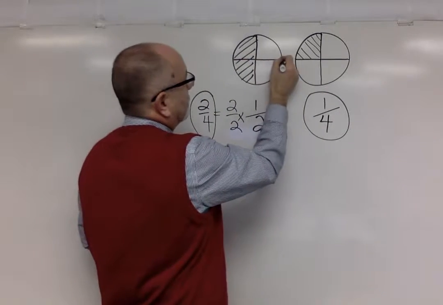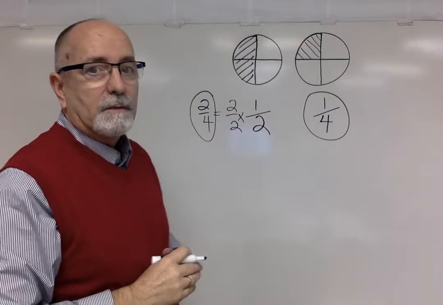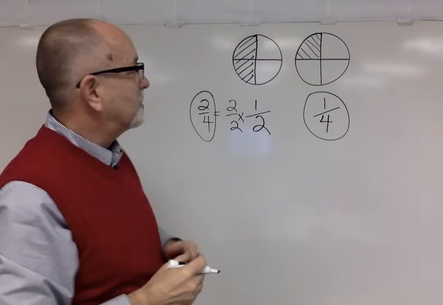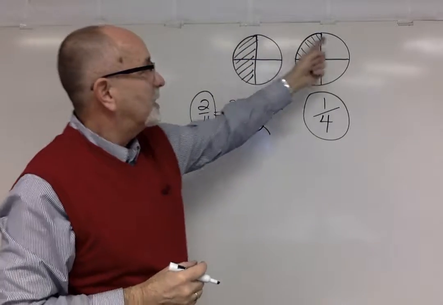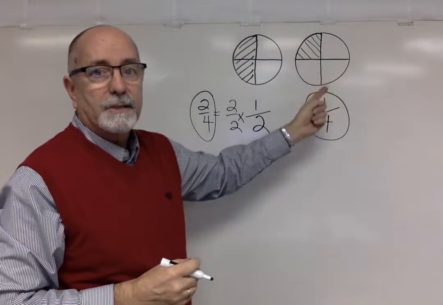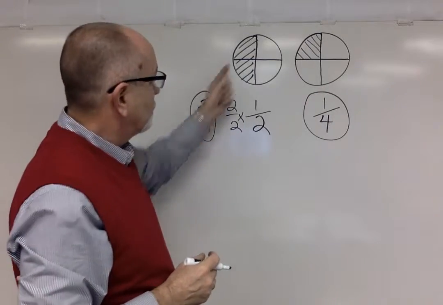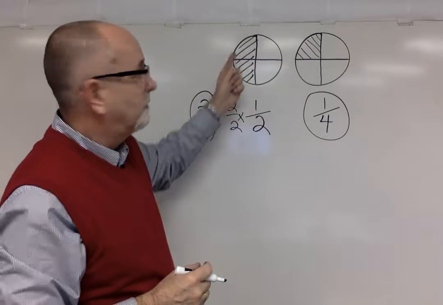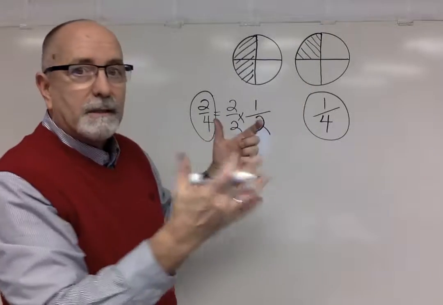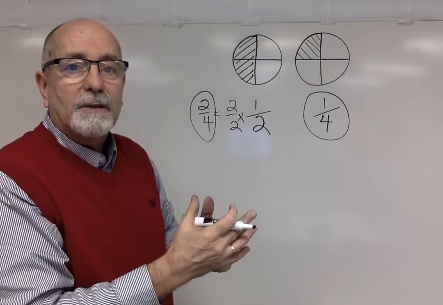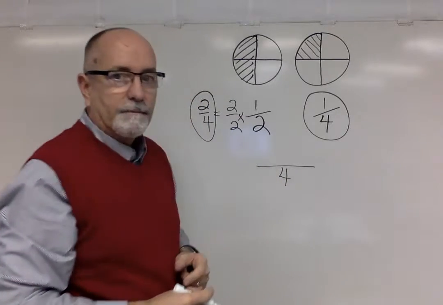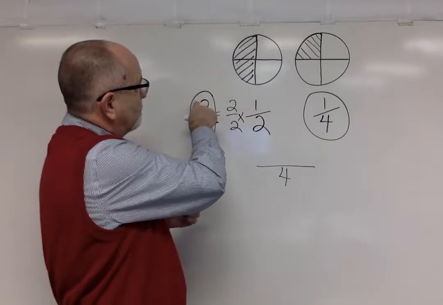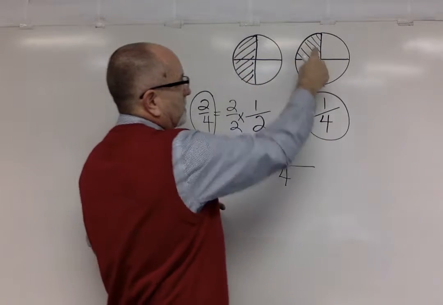Now that 2/4 and that 1/4 have the same parts. Remember, if you watched my other video on the beginnings of understanding fractions, I could put that line through there. Now do I have my parts the same in both circles? Yes, I do. The 2/4 becomes 2 parts of the 4 now, and this is 1 part. Now they're the same parts. I can add them together. The denominators are still the total of 4 parts, but then I can add the numerator parts: 1, 2, 3.